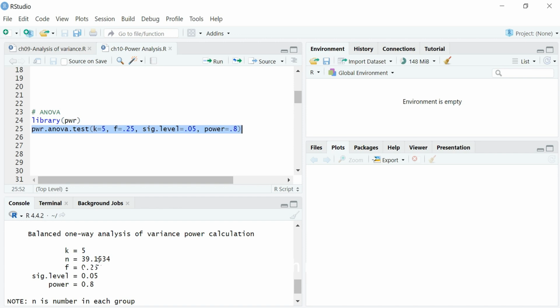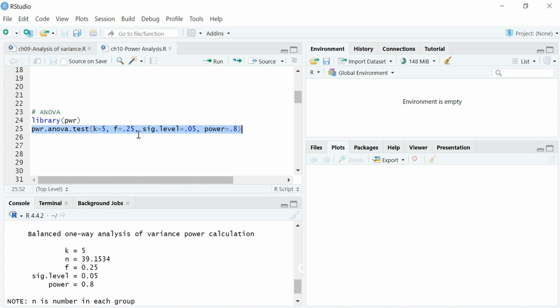The result means we need at least 39 observations in each group for a one-way ANOVA test with 5 groups and an effect size of 0.25.